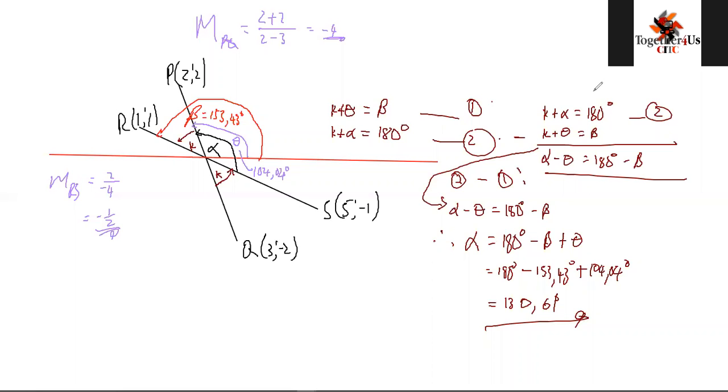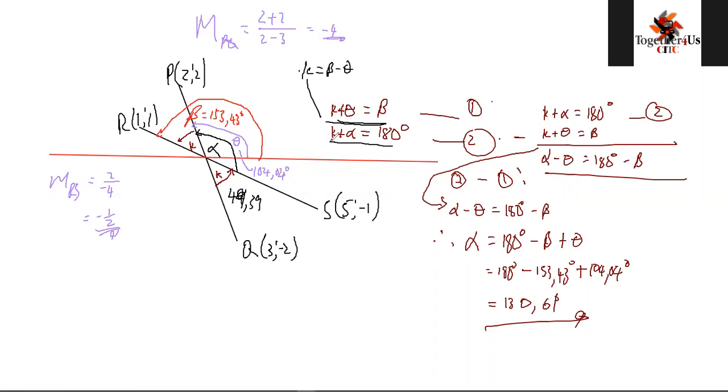Another way to look at it, I will not entertain this. It's just for your indulgence and exploration. You could find kappa, and I hope you can see from this equation that kappa is beta minus theta. Then once you have found kappa here, which will give you something like 49.39, you can then see that these are angles on the straight line.